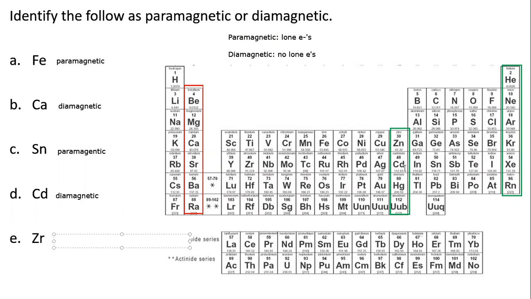It's not zinc, cadmium, or mercury, and it's a transition metal, so it's going to be paramagnetic. And so that's a quick way to determine if an element is para or diamagnetic, is by knowing that only these three groups highlighted in the different colors are diamagnetic.